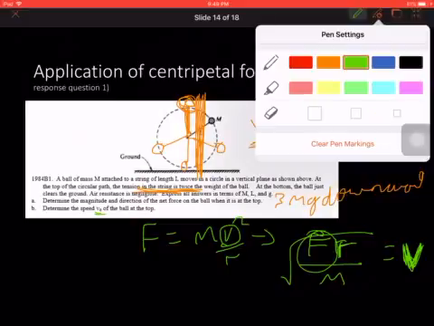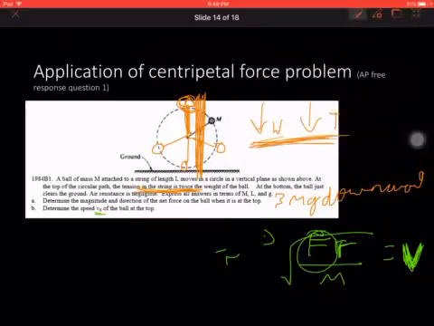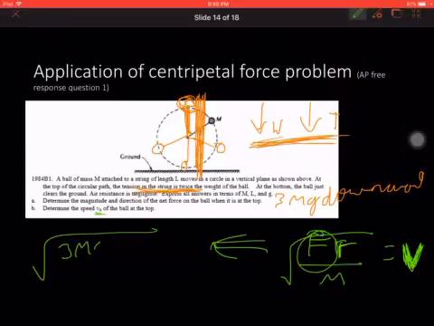So we substitute that: the square root of 3mgR over m equals V. The m cancels out because it's the same mass.